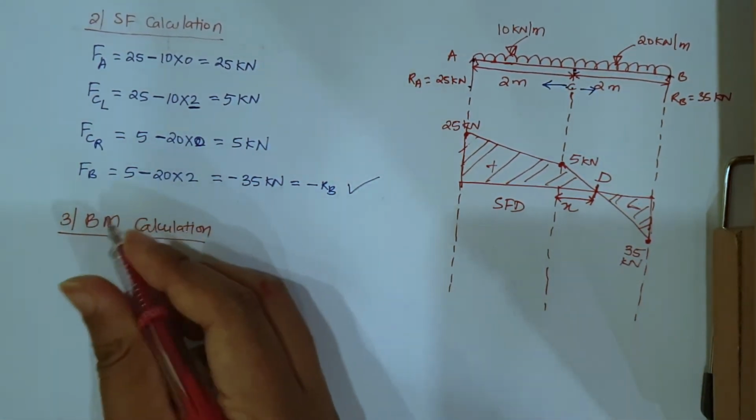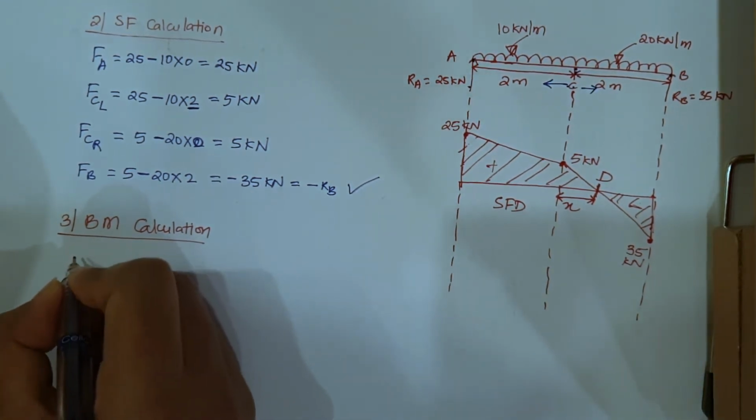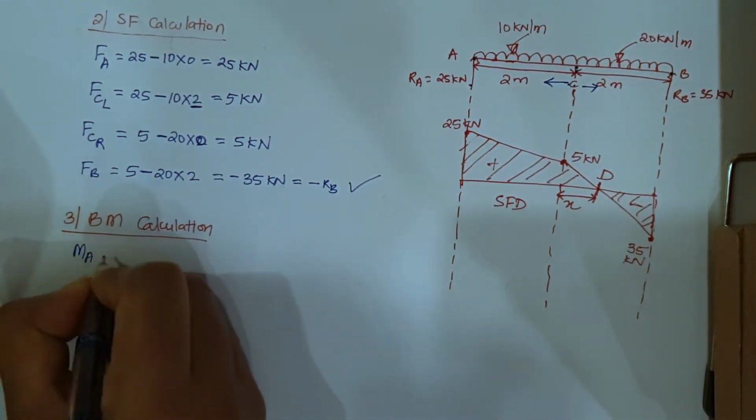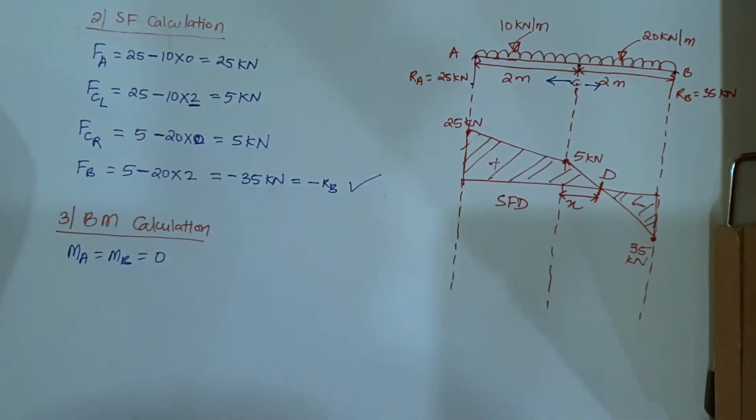Now let us find the third one, bending moment calculation. So for a simply supported beam, moment at A and moment at B, which are supports, will be equal to 0. Moment at A, moment at B will be equal to 0, right?